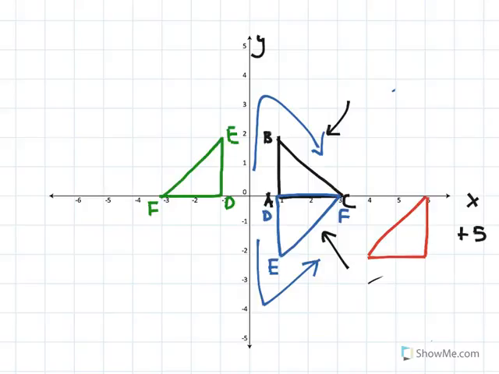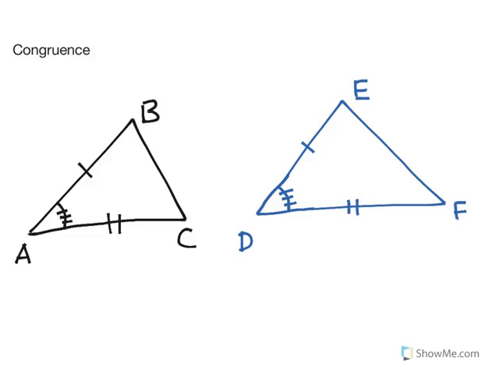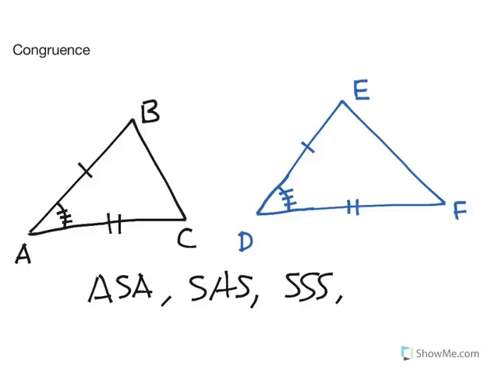So next, we would have to look at other types. Now let's understand congruence in triangles off the graphs. There are many different forms of congruence theorems for triangles, but the main ones are ASA, angle-side-angle, SAS, side-angle-side, SSS, side-side-side, and AAS, angle-angle-side.